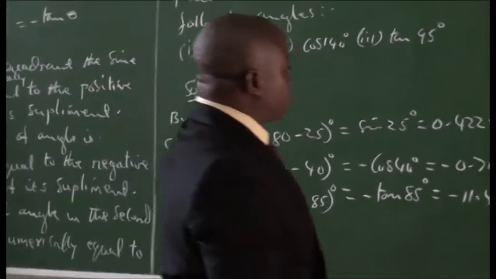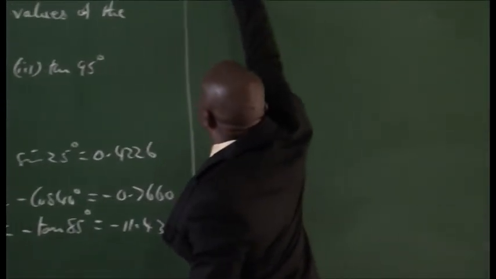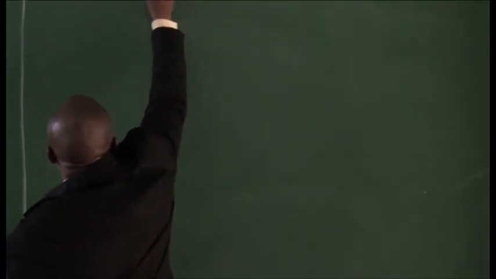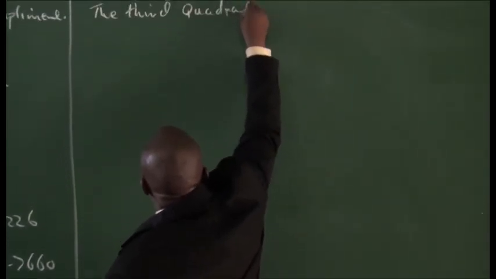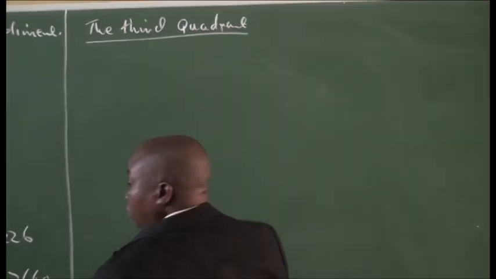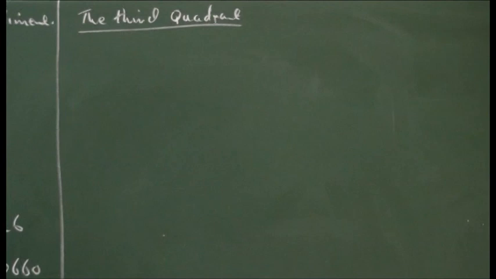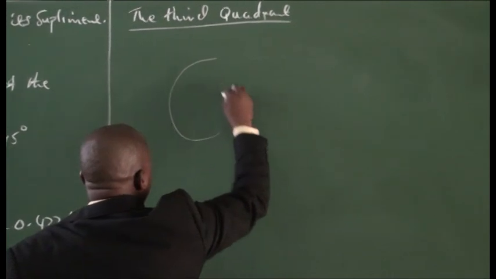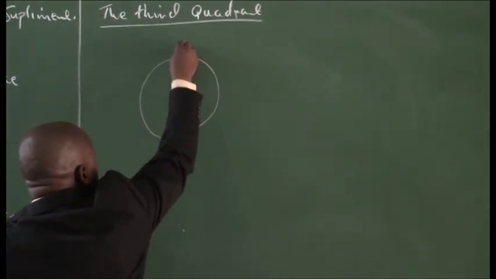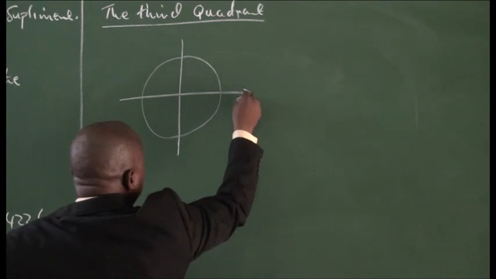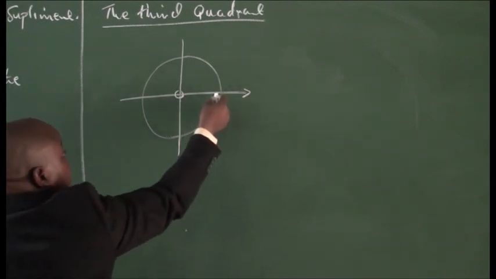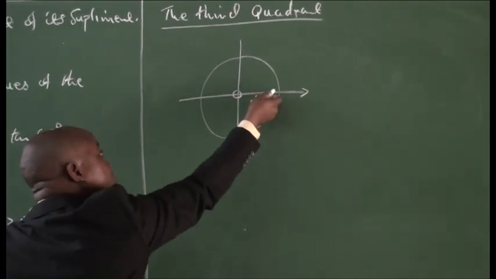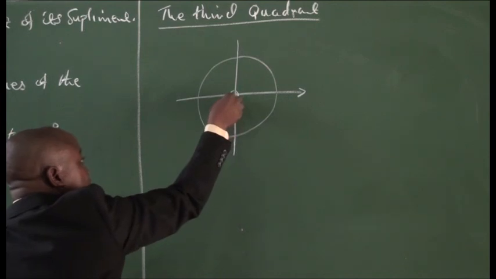And this will now take us to the third quadrant. Now, we also consider the diagram. The line OP that we were considering has rotated anti-clockwise to the third quadrant.